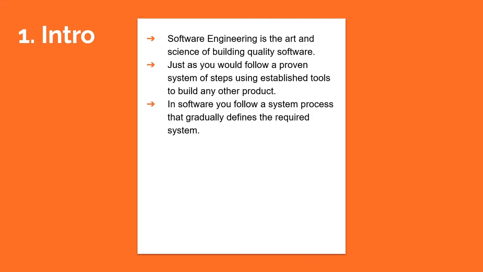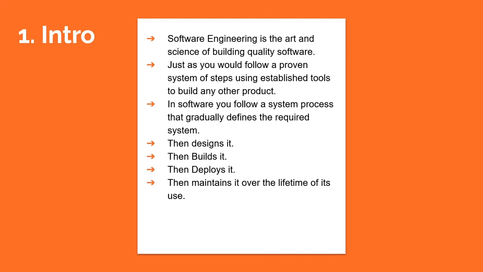Then it designs it, then you build it, then you deploy it, then you maintain the system over its lifetime of its use before the system becomes old and out of date, and then it is discarded and or replaced by a new system.